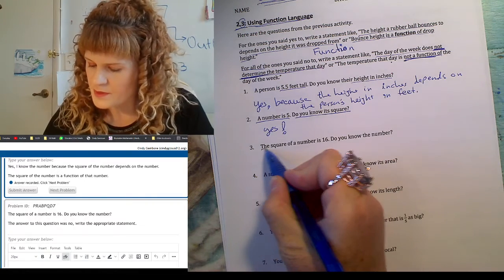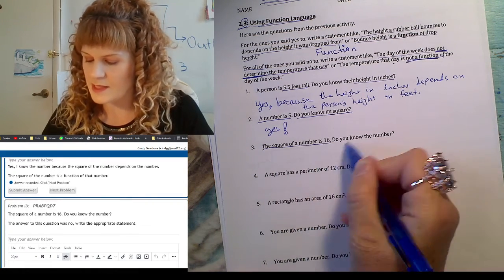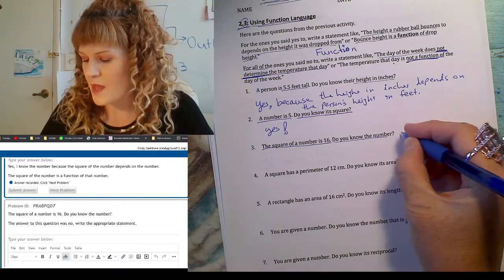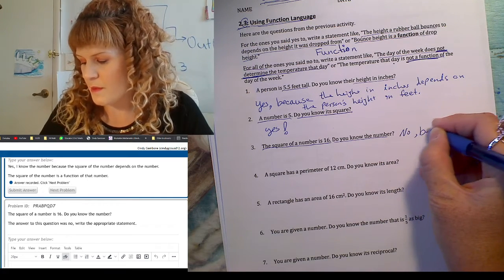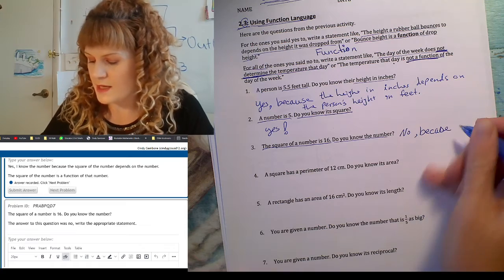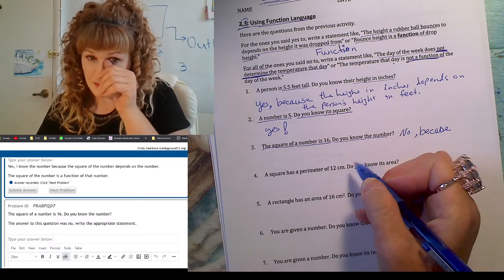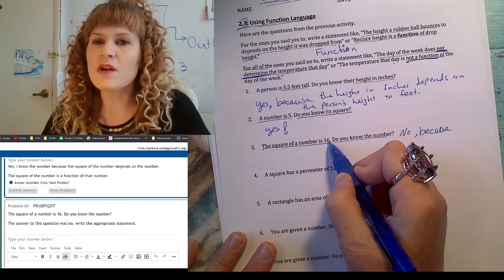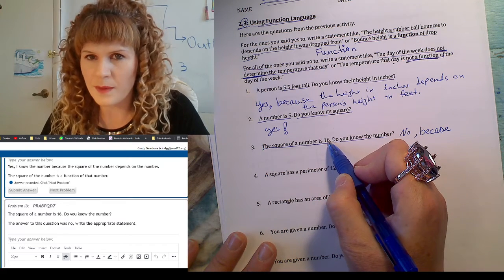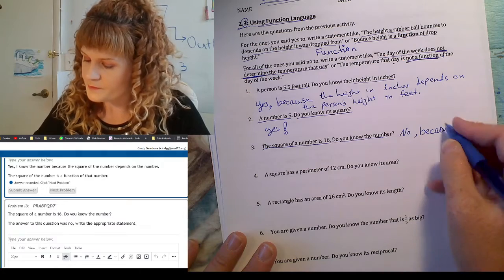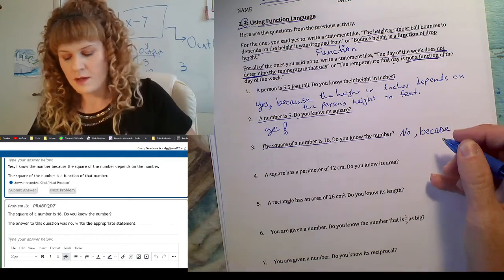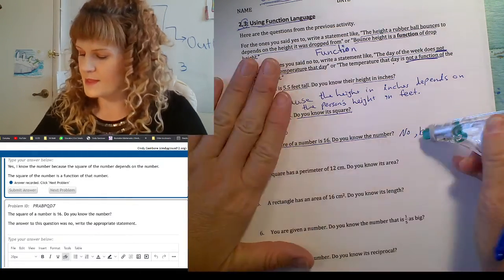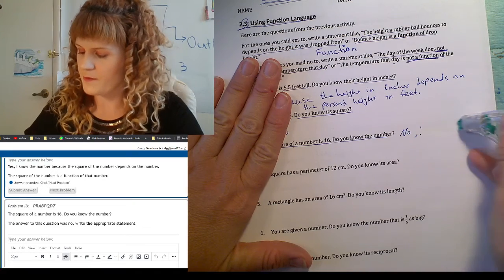Next one. The square of a number is 16. Do you know the number? No. Remember why? Because the square of a number is 16. There are two different numbers you can square to get 16. Let's write that down. I spelled that wrong. I want to fix it.